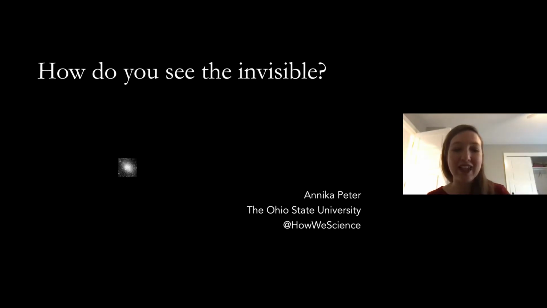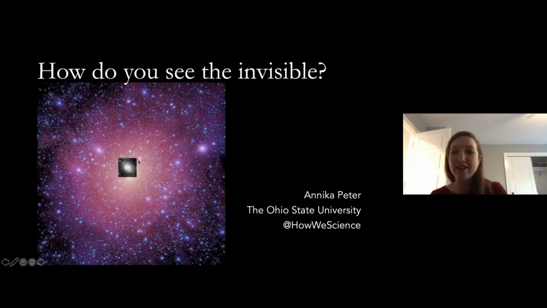And this little galaxy here is a companion of our own galaxy, the Milky Way. This little galaxy called Fornax is orbiting around our galaxy. And what I'm going to show you is that the visible part of Fornax is just the tip of the iceberg, that if we were able to see the invisible, we would see a massive structure around it.